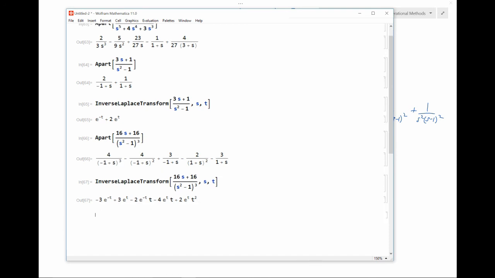The parts 3 and 4 were already in the partial fraction decomposition form, so all I want to do is find the inverse Laplace transform of each one of those terms.